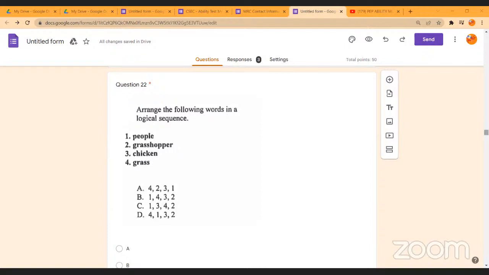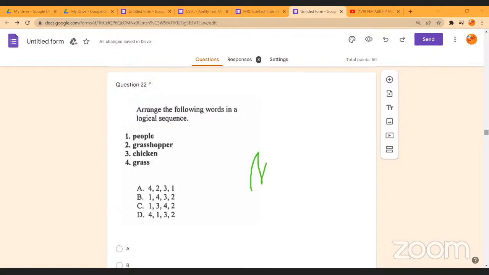All right. So we are going to do it according to the food chain. So when you look at it, the grass is there. The grasshopper comes and jumps on the grass and eats the grass.